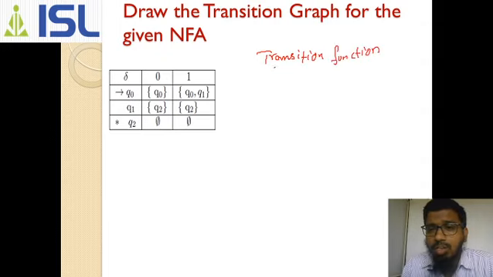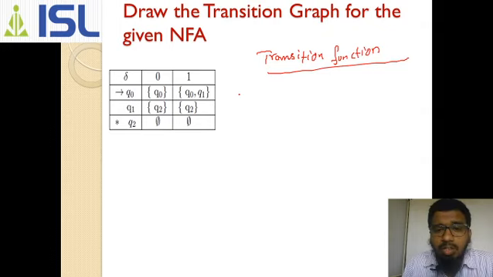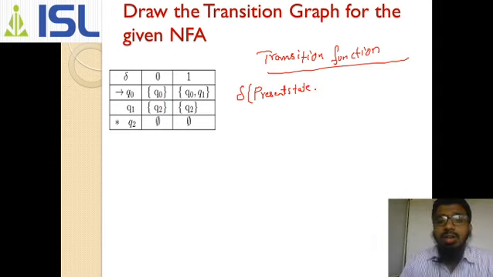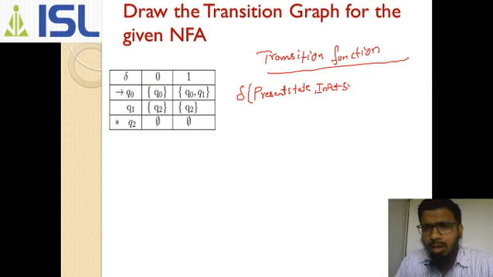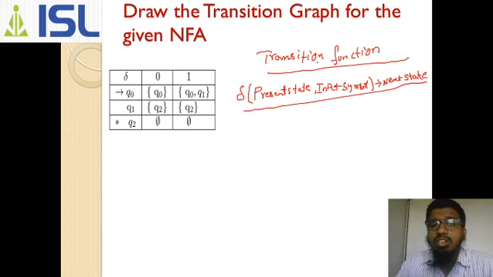The formula is delta, present state comma input symbol, and then you are going to get the next state. Okay, so this is a transition function.